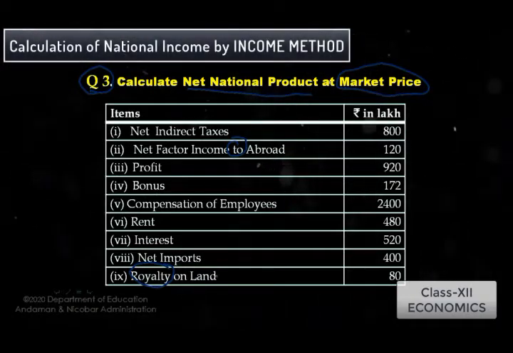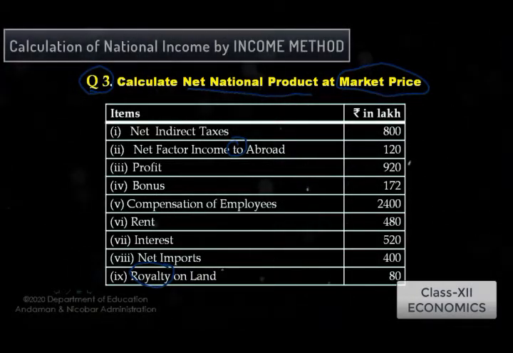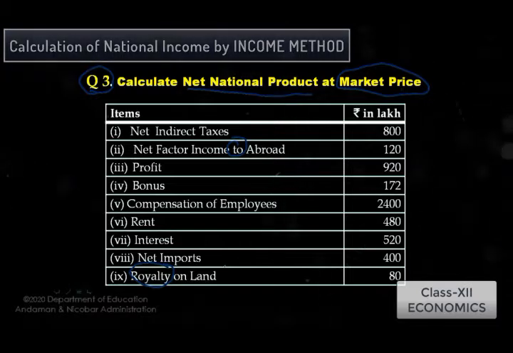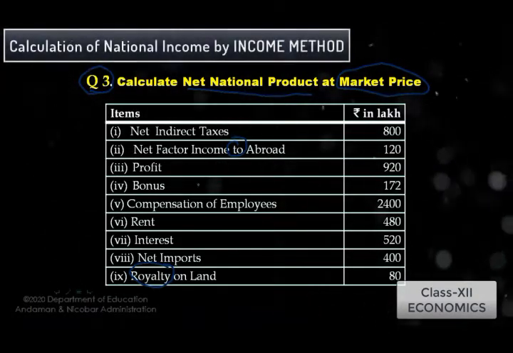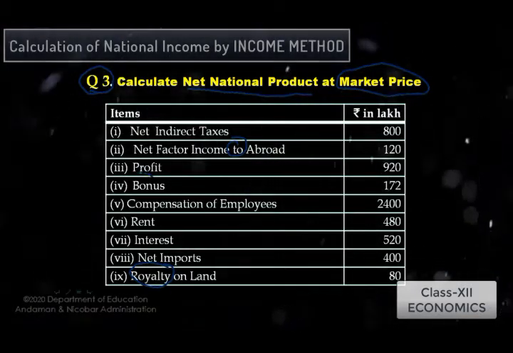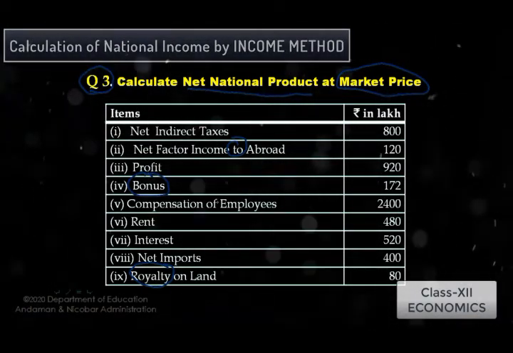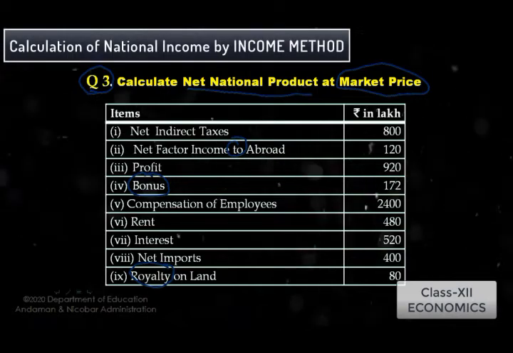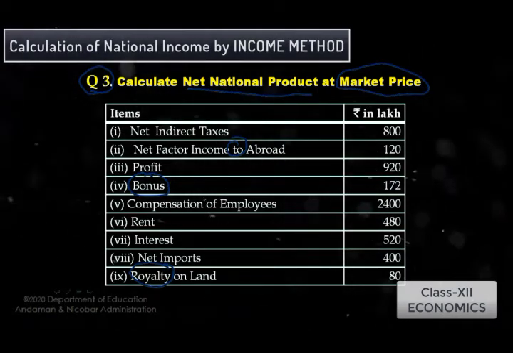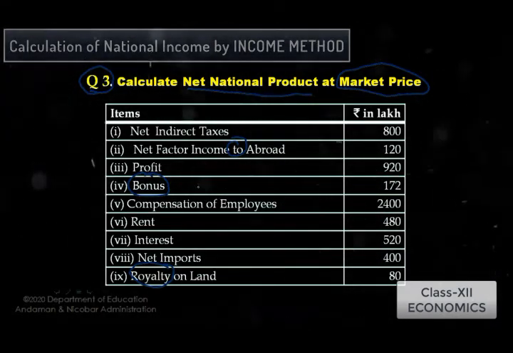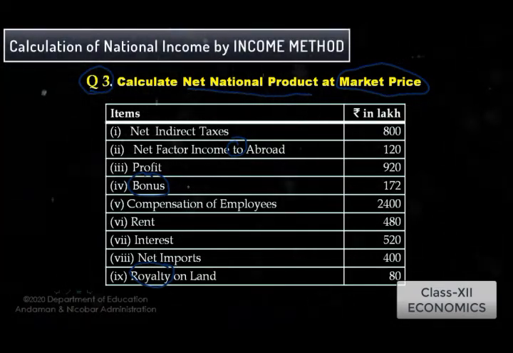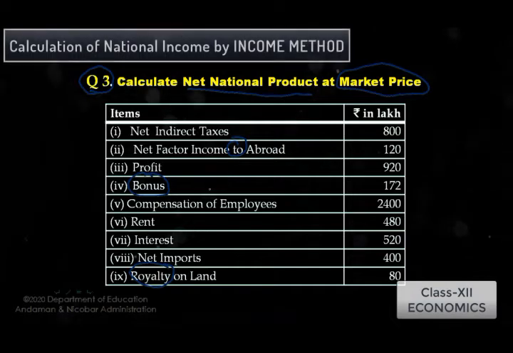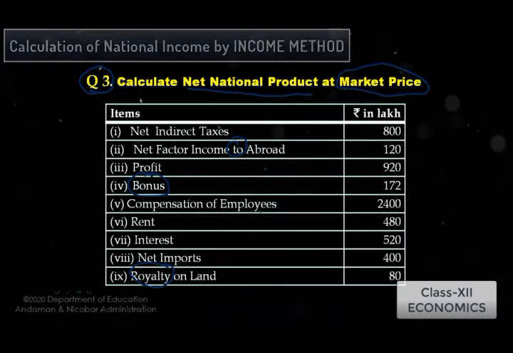So how will we treat this royalty during the calculation of national income through the income method? And not only the royalty, one more thing is given, the bonus. So whether we will include the bonus or not, we will see in the solution, where we see how the bonus value should be treated while calculating national income through the income method.